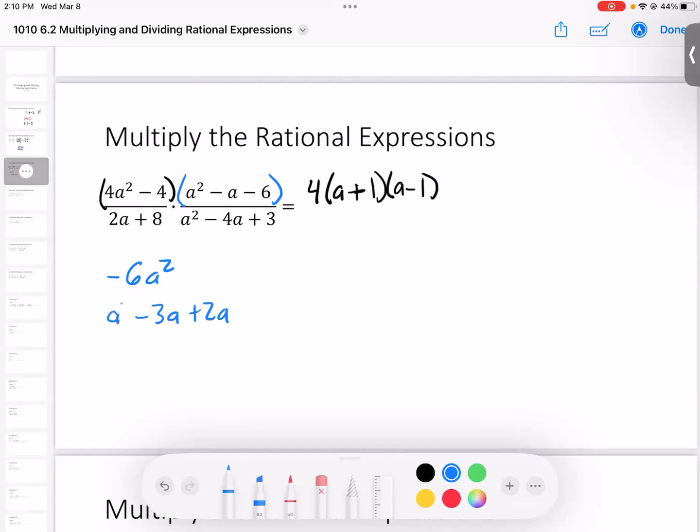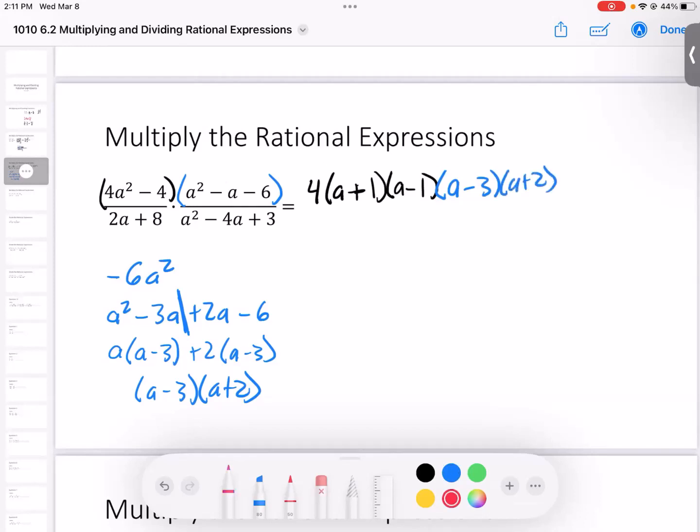So I'll split that middle term into those 2 terms, and then split it into 2 groups. The first group has an a in common. I'm left with a minus 3. The second group has a 2 in common, which also leaves a minus 3. So I have a minus 3 times a plus 2. So this is the factored version of this polynomial. And so I'll multiply that on the top.